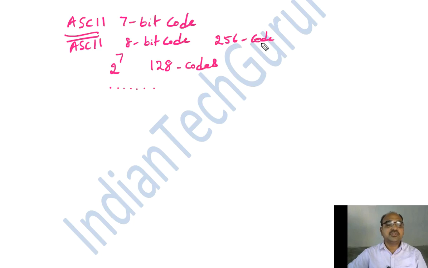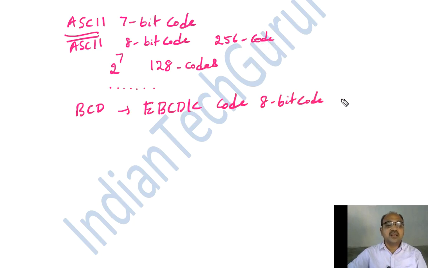Similarly, the extension of BCD is EBCDIC code, which also uses an 8-bit code, and using EBCDIC also we can store up to 256 different symbols.